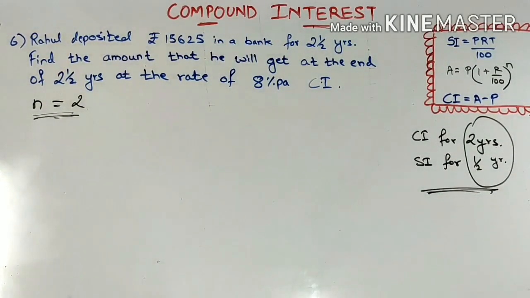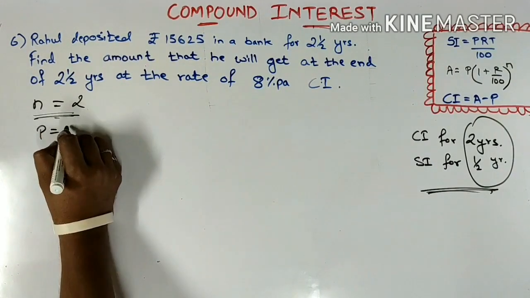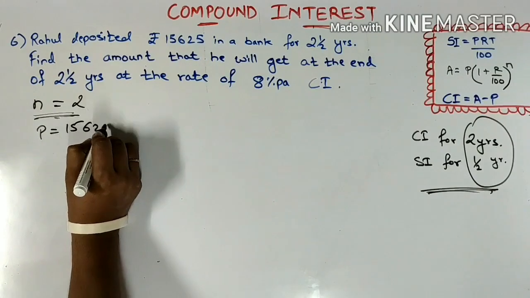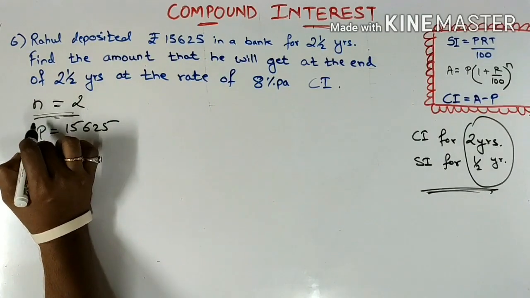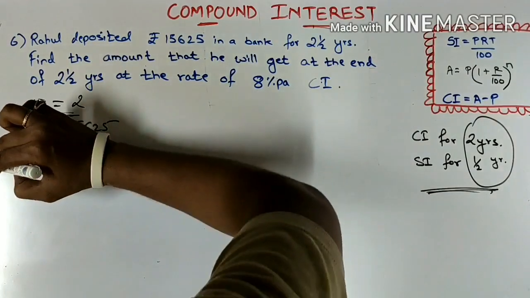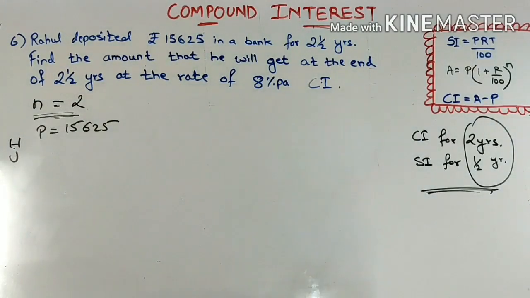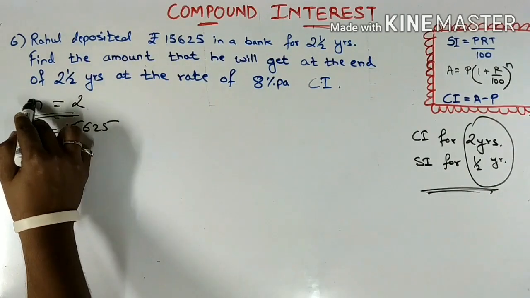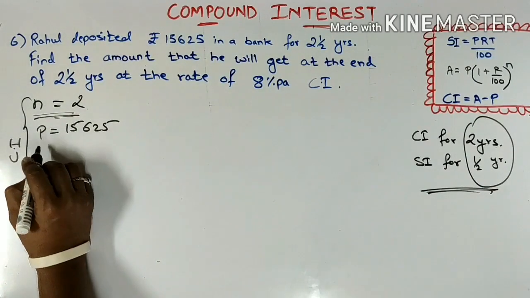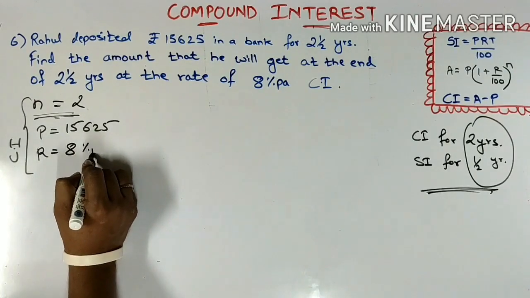So writing the details for the data given in the problem, principal is 15,625. N, since we are finding only compound interest over here, I'll write 2. R is 8% per annum.